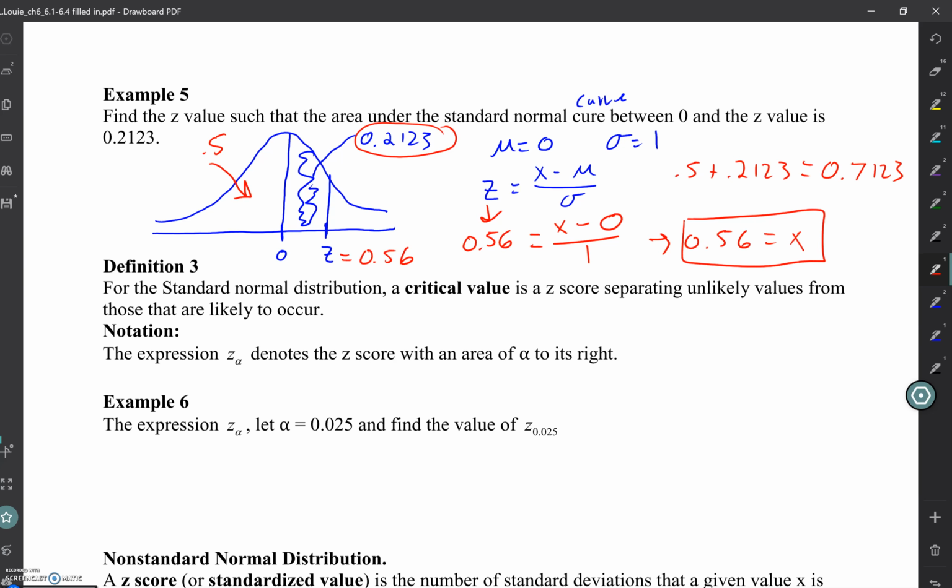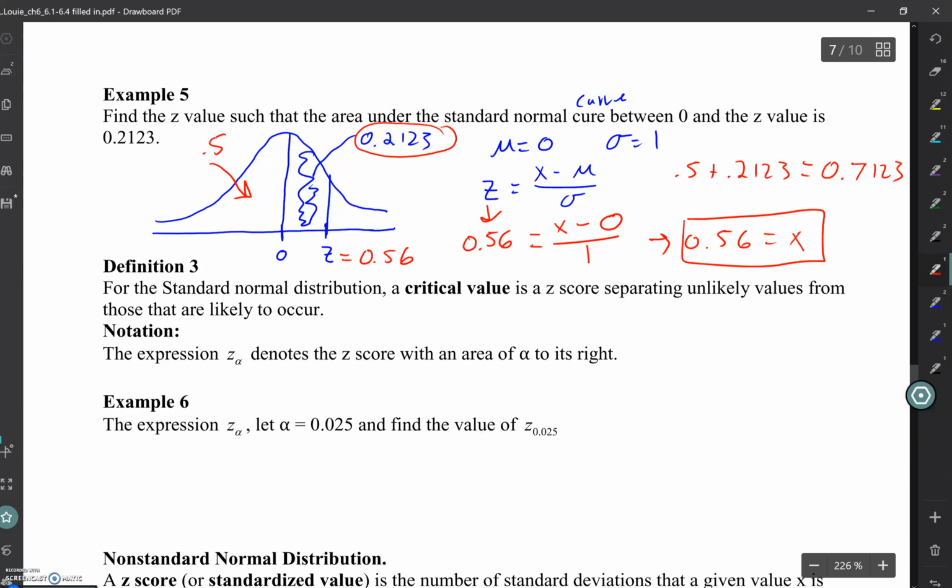Does that make sense? Other questions? So 0.56 is the shade area. The 0.56 is the value of z that gets you a total area of everything up to that point.